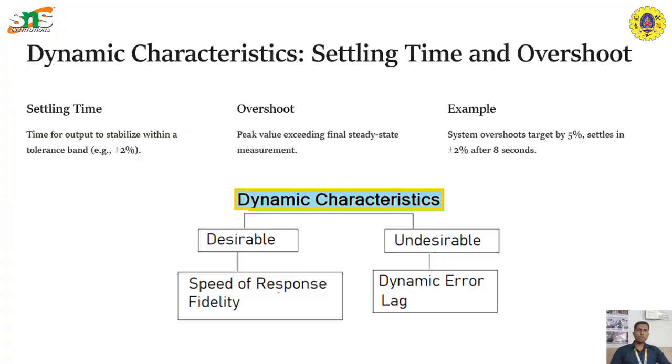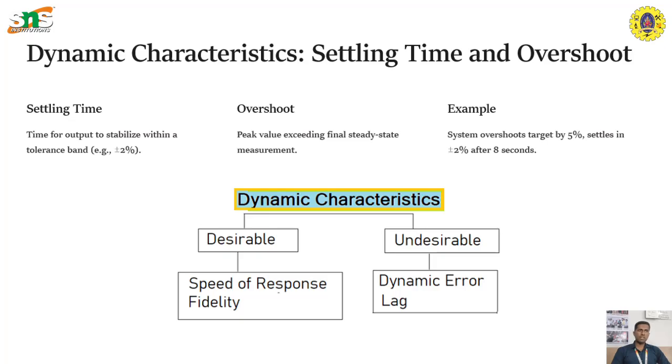There are a few more parameters which are related to the dynamic characteristics. The first one is the settling time: the time taken for the measuring instrument to settle within a particular tolerance level, say plus or minus 2% of the value, right? And the other one is overshoot. It is the peak value which exceeds the final steady state measurement.